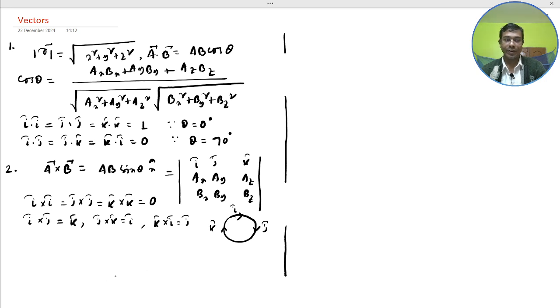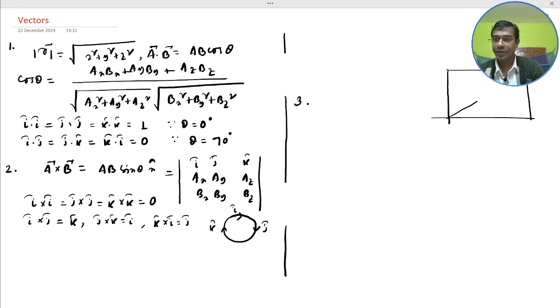And second one, the resultant of two vectors. Suppose this is one vector P and this is another vector Q, and this is the resultant vector R. So this angle is alpha and this angle is theta.